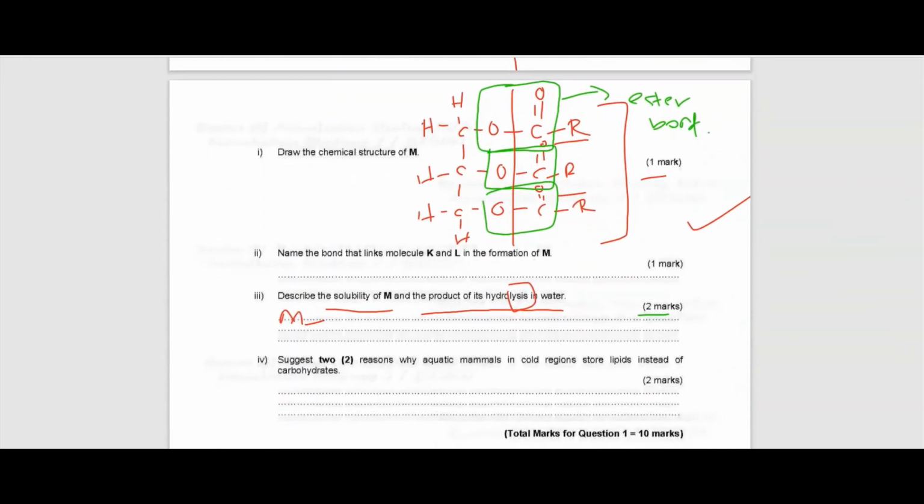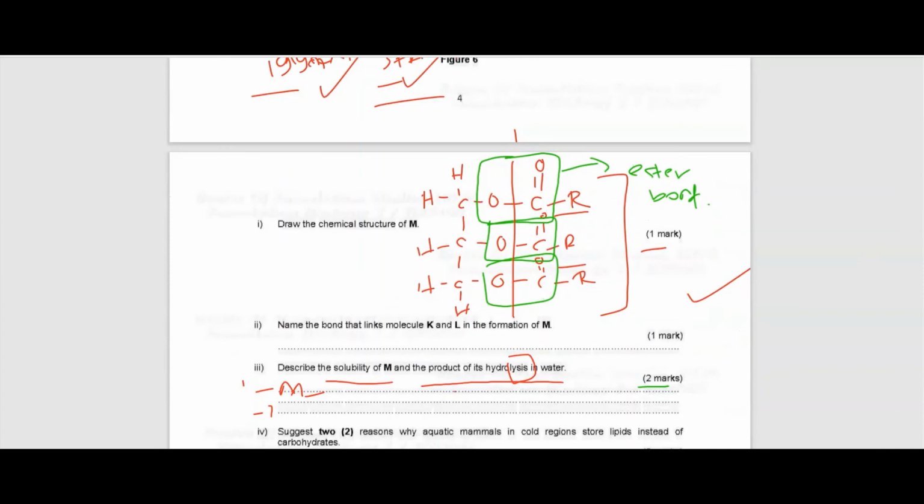Because the question is worth 2 marks, 1 mark you have already mentioned for the solubility of M. Now for the second mark you have to mention the solubility of its product. You can choose to describe the solubility of glycerol, or the solubility of the fatty acid.